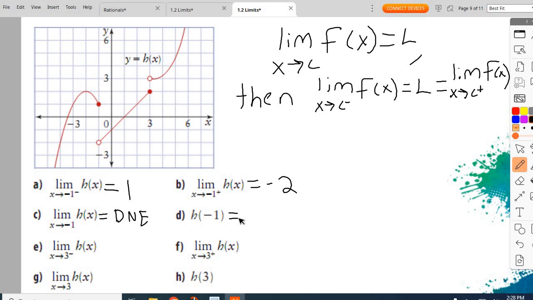The bottom one has an open circle, the top one has a closed circle. So my actual value would be here. So 1. Technically, both of these could have an open circle, and my dot could be up here, right? It's just wherever the dot is, that's my actual value. Now, for my limit, we don't care where the dot is, but for the actual function value, we do care where the dot is. Now, as we go to 3 this time instead, what is our limit from the left?